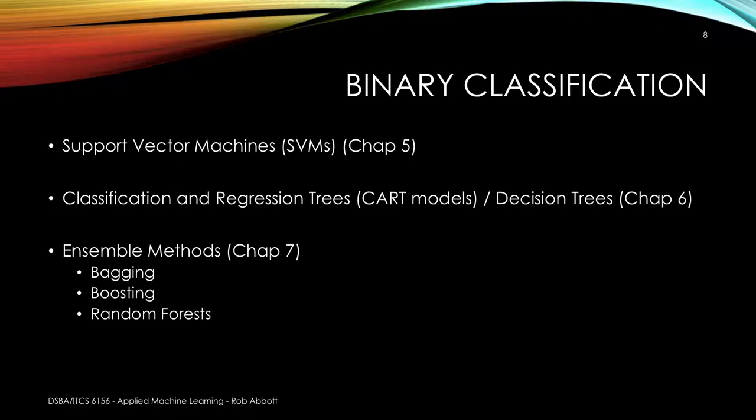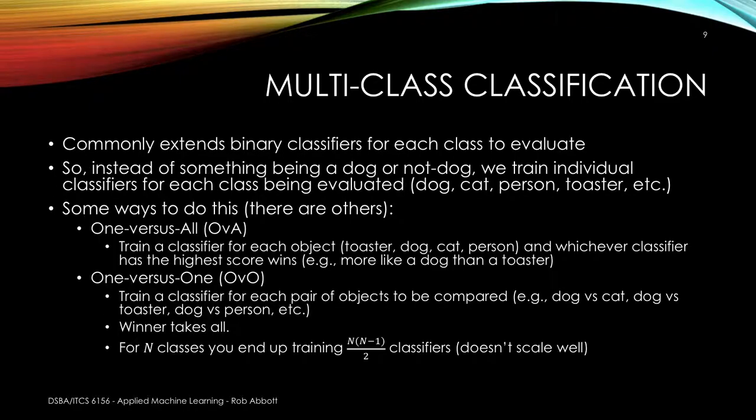Then earlier I spoke about ensemble methods where we add different types of classifiers together. These are referred to sometimes as bagging and boosting and random forests. We're not going to worry about what those terms mean at the moment. So we'll talk about that when we get into Chapter 7 and devote a reasonable amount of effort to that.